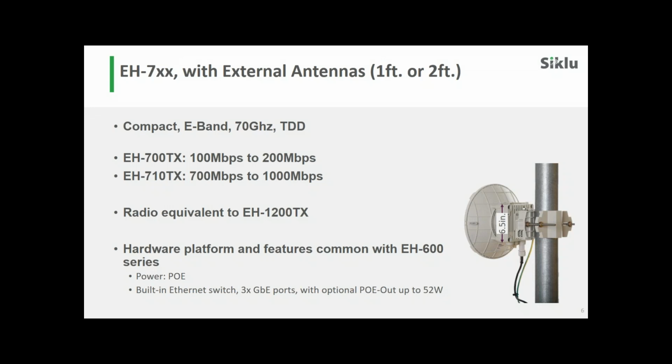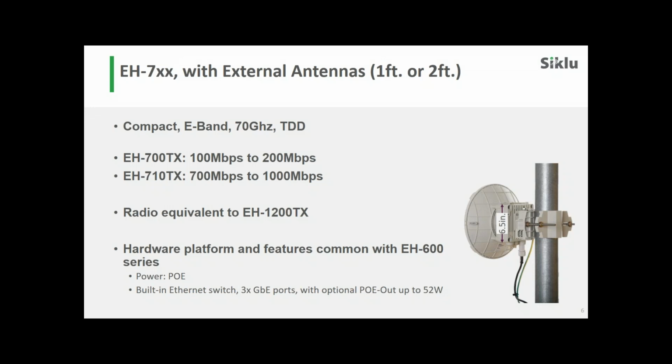It comes in two variants: the 700TX, which has a base capacity of 100 meg and can be license upgraded to 200 megabits. That's aggregate. And then we have the 710TX, which ships out of the factory with a base capacity of 700 megabit and can be upgraded with a capacity license upgrade to 1,000 megabit.